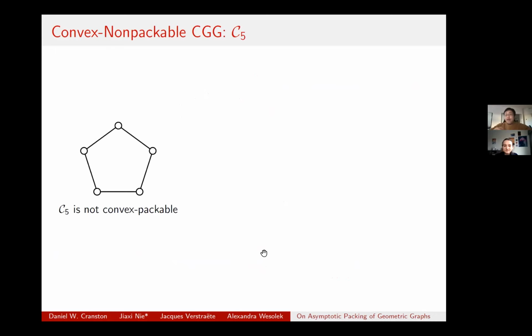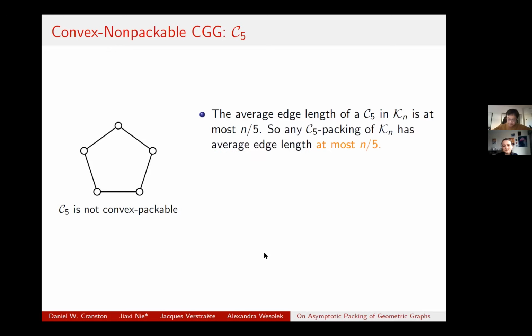And now, before introducing the general lemma we used, let me first show you an easy example of why some graph is not convex packable. The first example we look at is the convex C5. Now let me show you why it is not convex packable. The key is that the average edge length of a C5 in Kn is at most n over 5. So any C5 packing of Kn has average edge length at most n over 5.